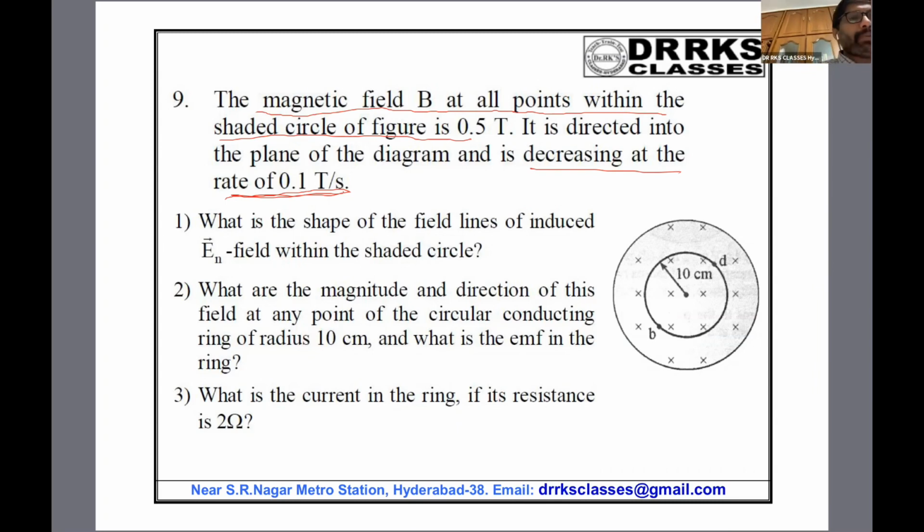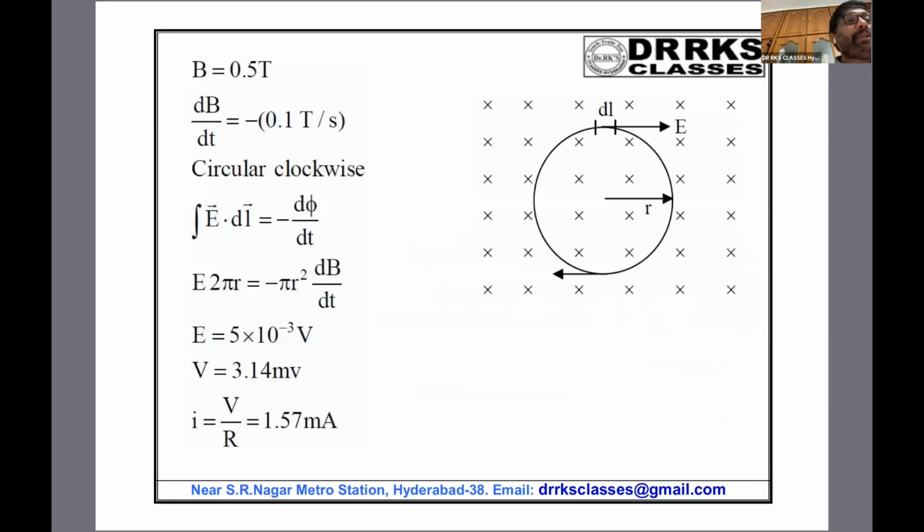Fine. It is also asking, when you place a ring, what is the current and all. Okay, let me explain this. Look at this. dB by dt is given as minus 0.1 tesla per second.